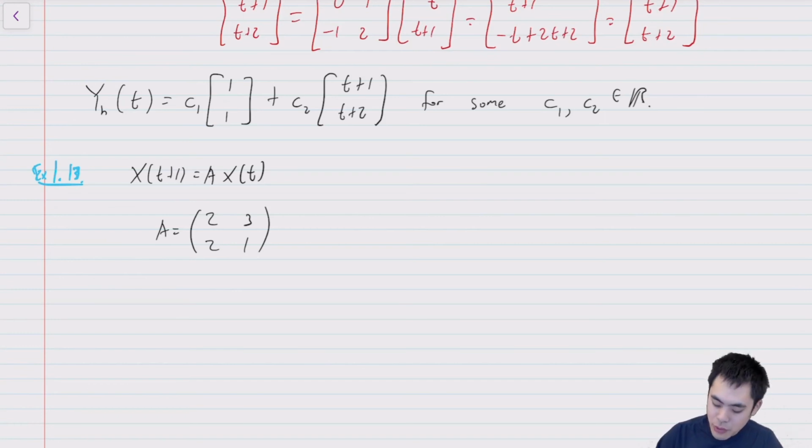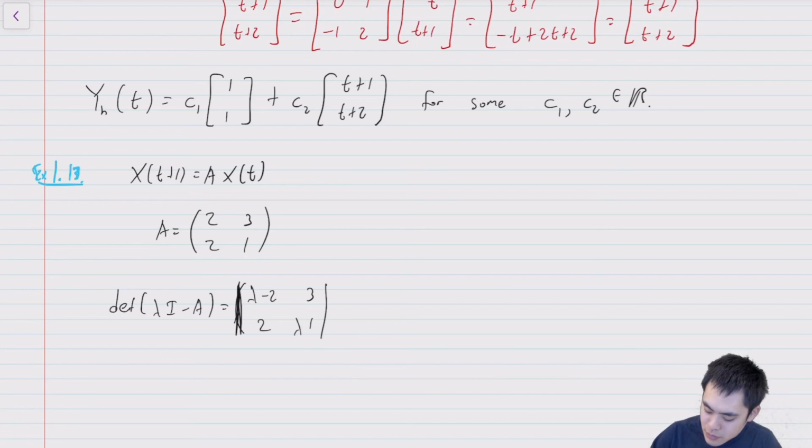If we want to find the eigenvalues, again, let's take the determinant of lambda I minus A, which is the determinant of [[lambda minus 2, 3], [2, lambda minus 1]].